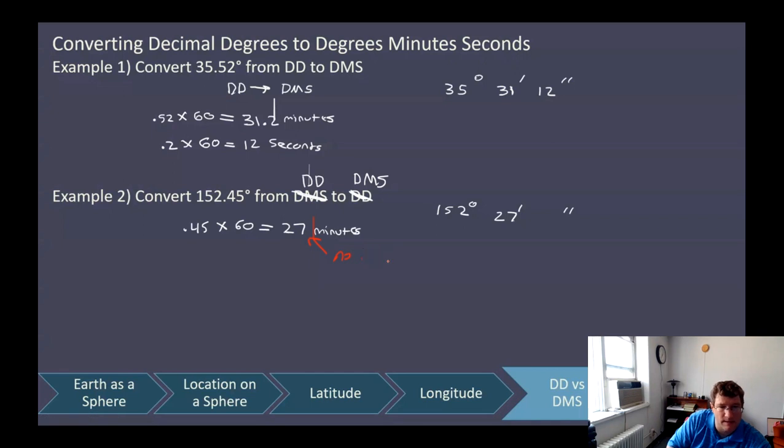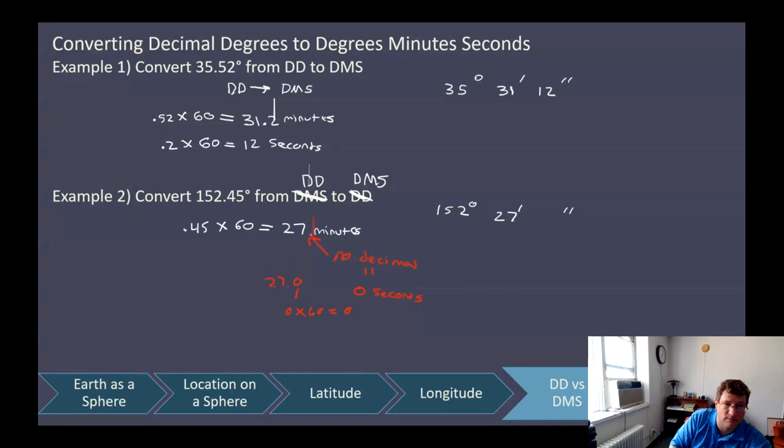No decimal means 0 seconds, because this is equivalent to 27.0. Bring that down, 0 times 60 equals 0.